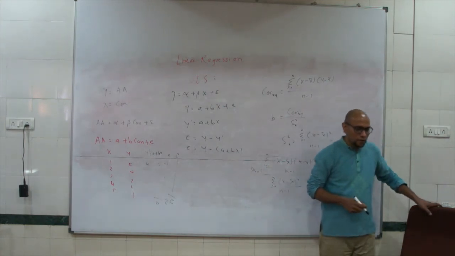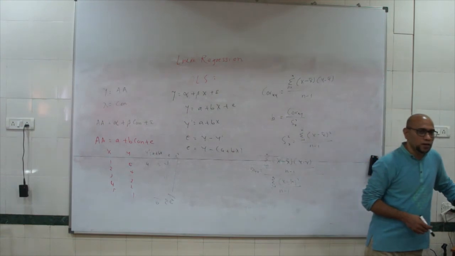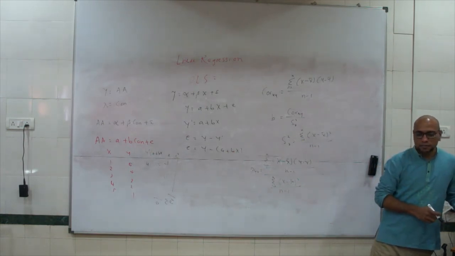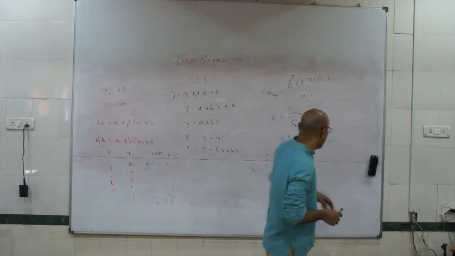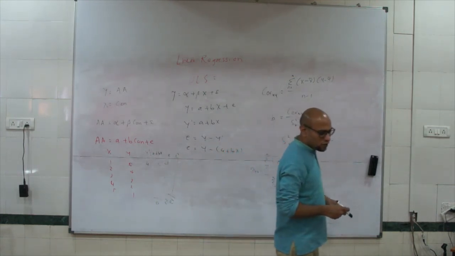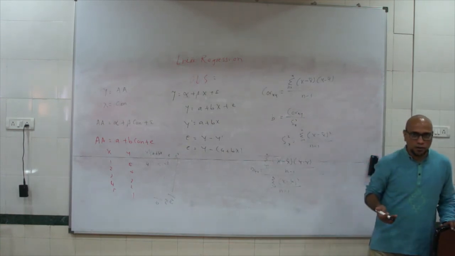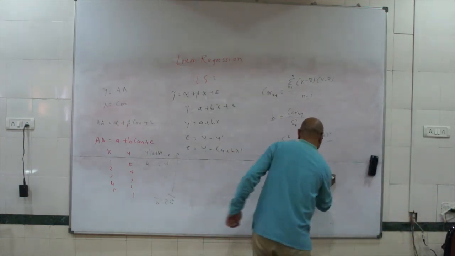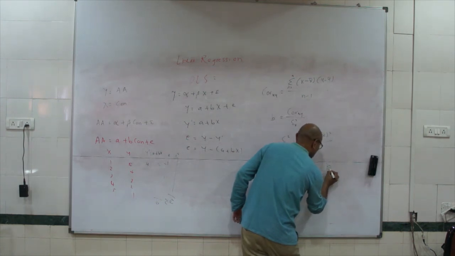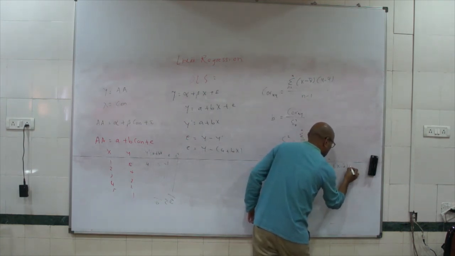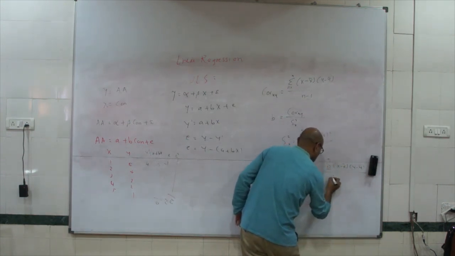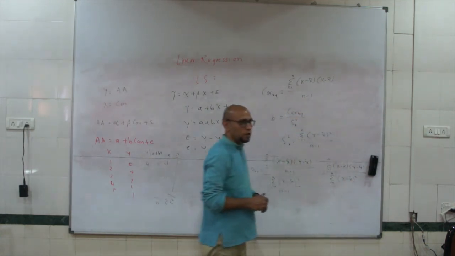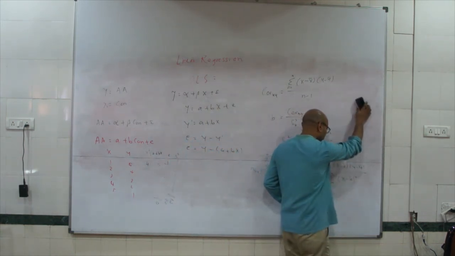What remains is just the numerators of both, that is summation (x minus x bar)(y minus y bar) upon summation (x minus x bar) squared. I get rid of the two n minus 1s, so the formula reduces to summation i is equal to 1 to n (x minus x bar)(y minus y bar) upon summation i is equal to 1 to n (x minus x bar) squared.